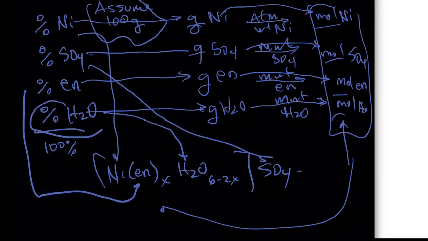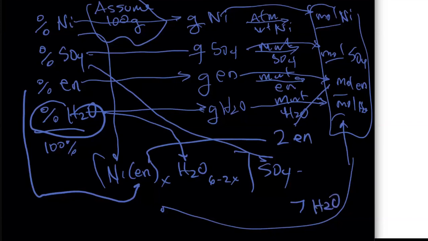Once you know what the chemical formula is, then you can remember that the water is in excess. So say you assume ethylene diamine is 2 moles, but your water is, say, 7. When you make these things whole numbers, you've got to remember that if x equals 2, then the amount of water that you have to commit to the bond of the nickel is 2, because 6 minus 2x, 6 minus 4, is 2.